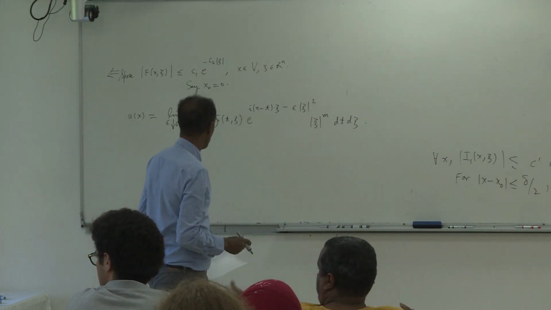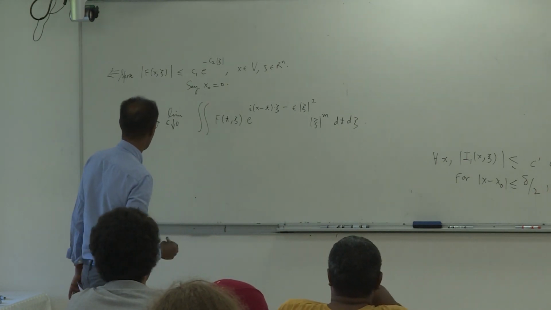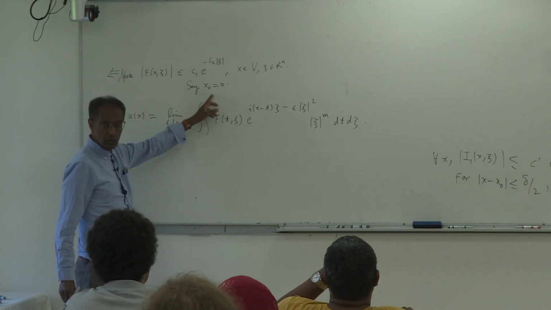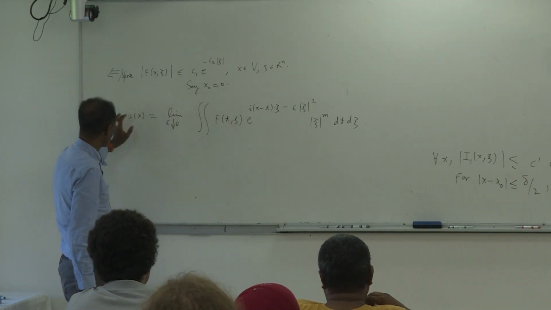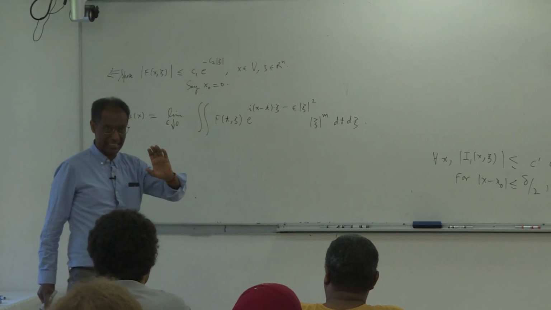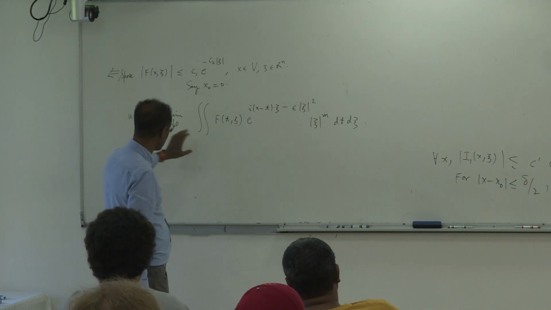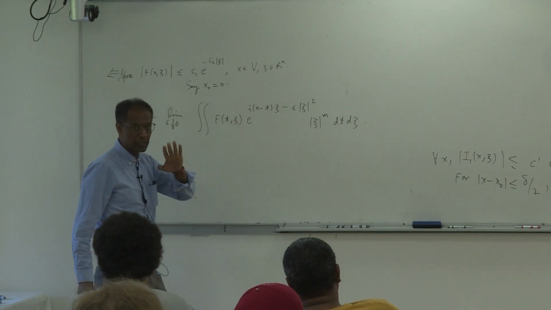Okay, so what we are going to do is the following. I want to prove that u is real analytic near 0, which means I have to prove that u is the restriction of a holomorphic function near 0. Okay? So what I'm going to do is break the region of integration into 4 regions.